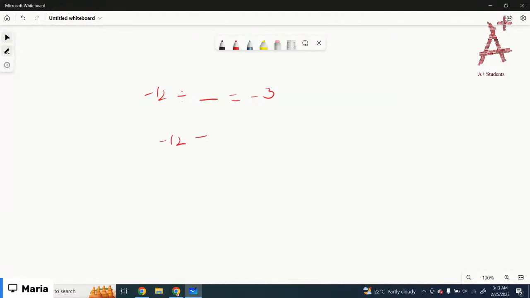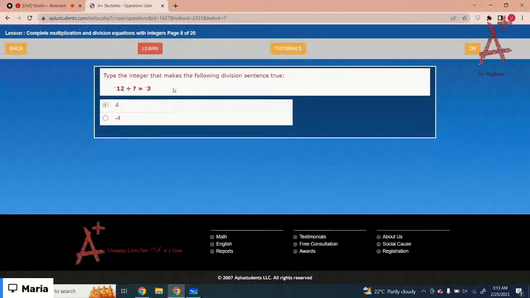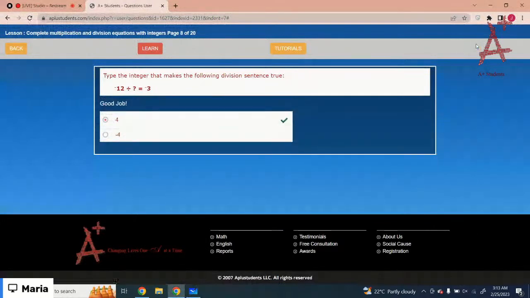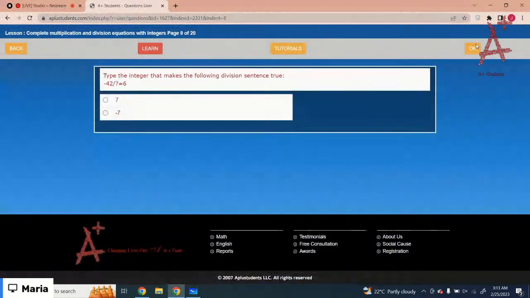That means it would be -12 divided by 4 equals -3. Got it? Because 4 times 3 is 12. So the correct option is 4. Okay, you can complete the test by yourself later today. Let me just move on to the next lesson.